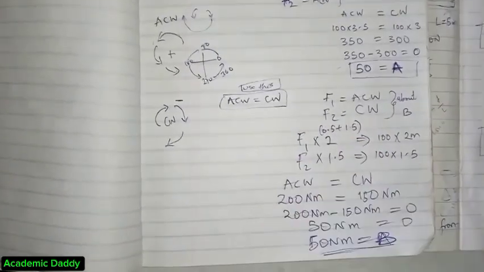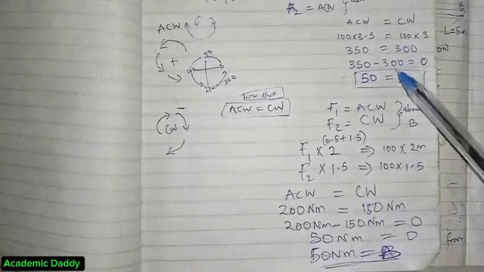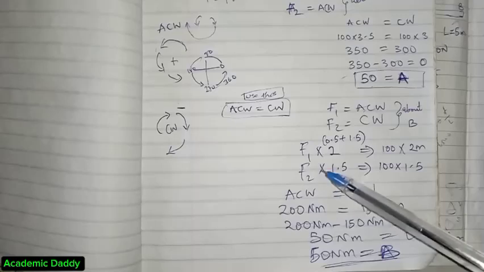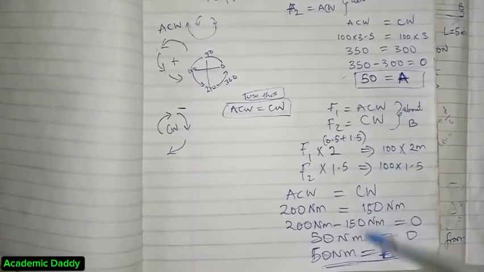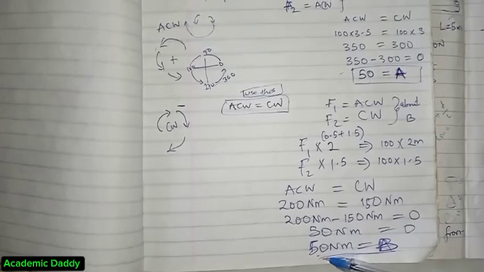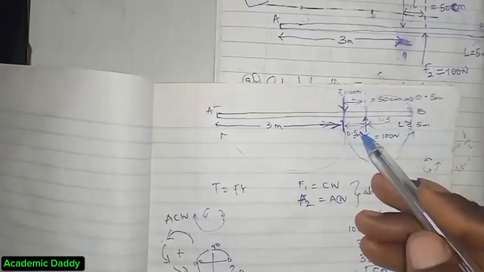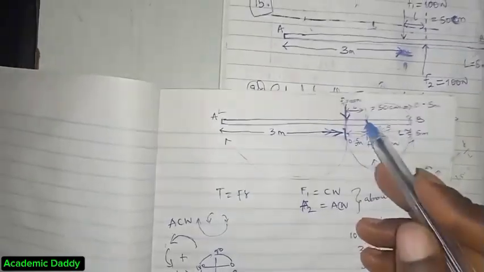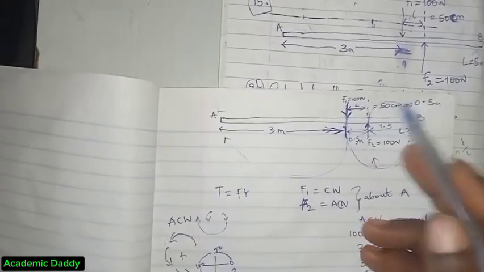Now notice that whichever direction you move it to, because the forces are equal, 100, 100, if you move it about A, it gives you 50. If you move it about B, it still gives you 50. And if I don't want to stress myself, I'll just come here and say, these two forces, 100 and 100, are acting about this point, and the length given here is 50 cm, which is 0.5.